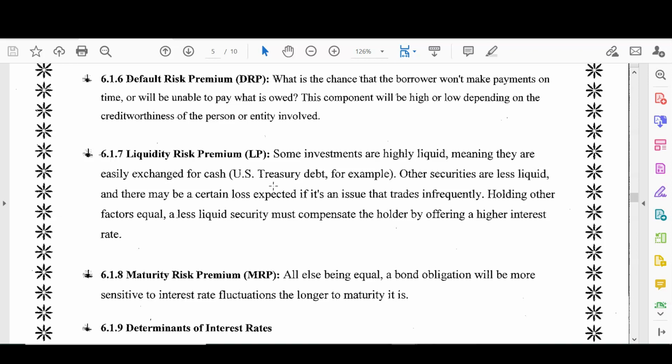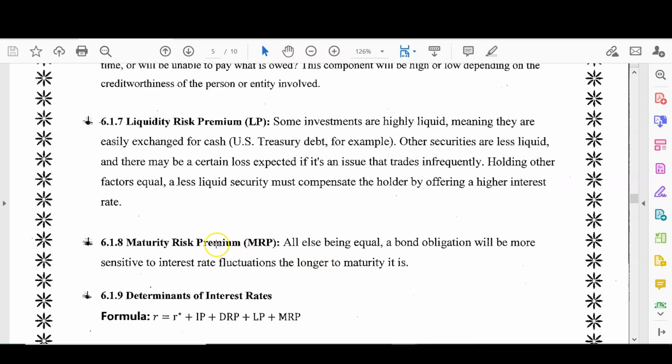So such bonds have a higher liquidity risk because they're illiquid. So we require a higher interest rate because of the risk we're bearing here. We should add a liquidity risk premium when we calculate interest rates for such bonds with higher liquidity risk. So that's about liquidity risk premium.